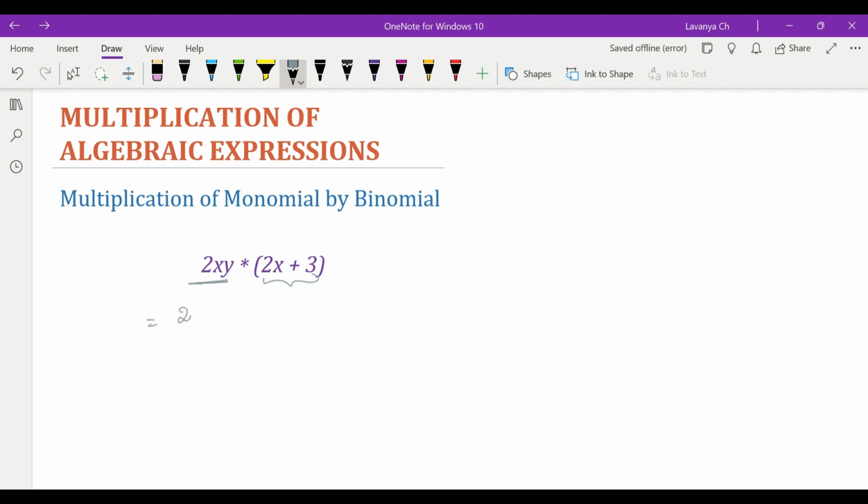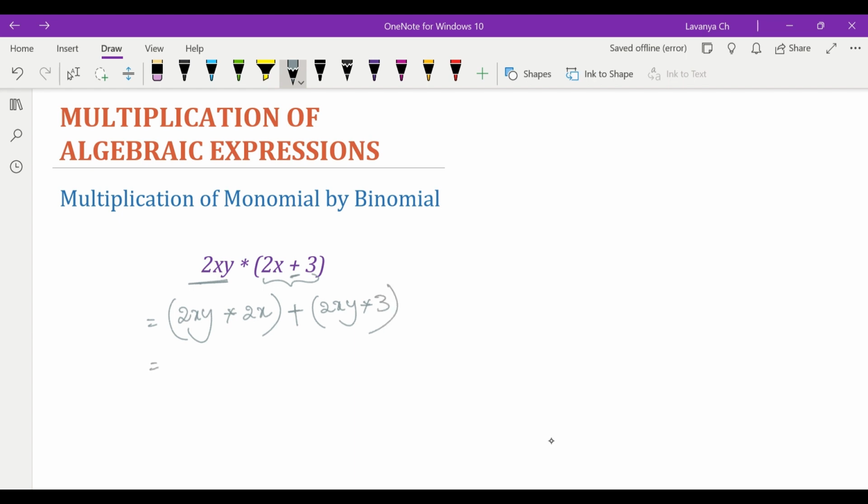First, we will write it down like 2xy into 2x. This is with the first term, plus this sign plus we have to write it down as it is. Braces open, monomial 2xy into the second term from the binomial, that is 3.